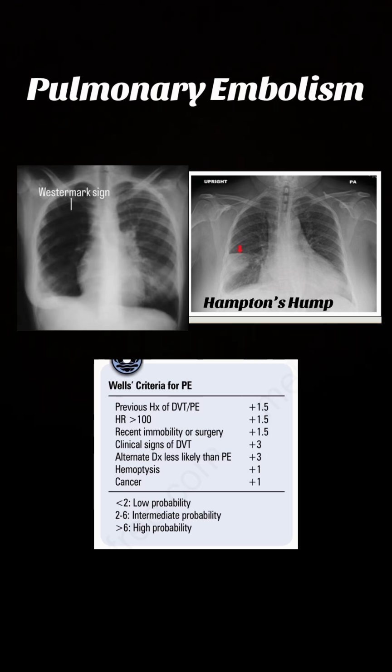Apart from that, you should know the most likely risk factors for patients having pulmonary embolism who are hospitalized. The risk factors are obstructive shock and age. So please remember that.